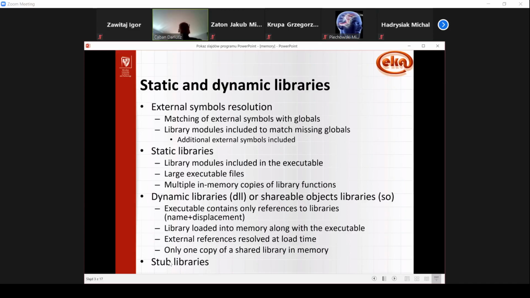The stub libraries contain information where in the dynamic link libraries each global symbol from the DLL is actually located. Okay, so those stub libraries are used during linking of the exec, and from those stub libraries, the exec gets information about the offsets where it needs to jump to the DLL.